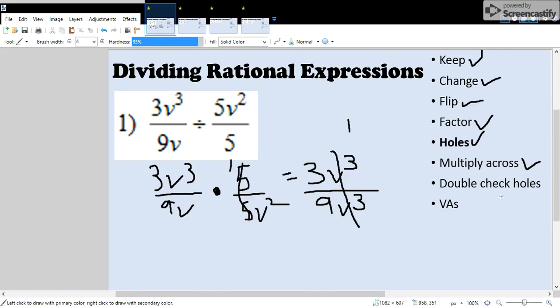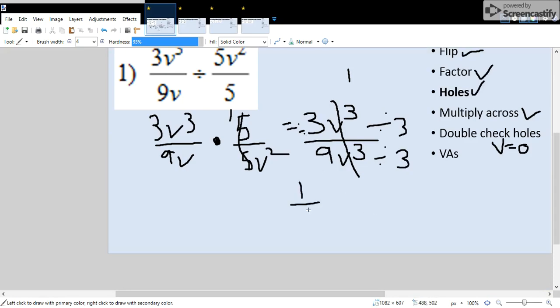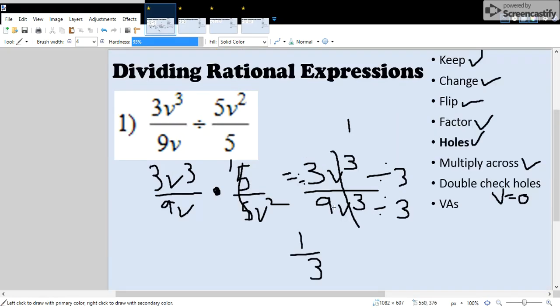We have a hole there at v equals 0. 3 over 9 reduces, basically divide both of them by 3, to get 1/3. So basically our answer is going to be 1/3 where v cannot equal 0. And that is our answer. That is our reduced form of this expression.